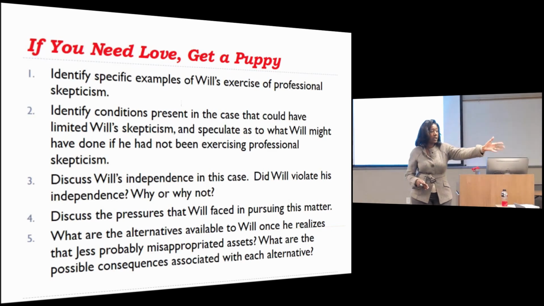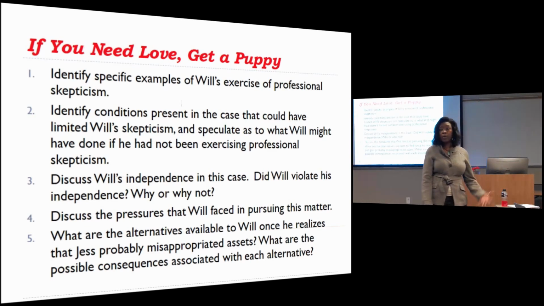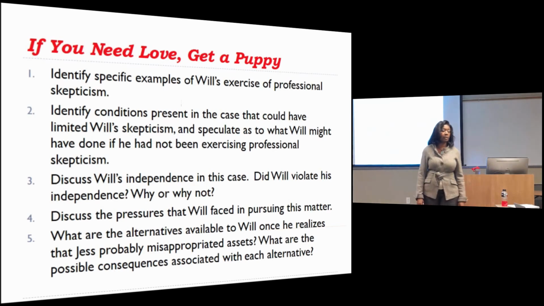I understand what you're saying, that this is his best friend's wife. But what did he do up front that would, I would suggest, mitigate him possibly appearing to impair his independence? What did he do right up front?